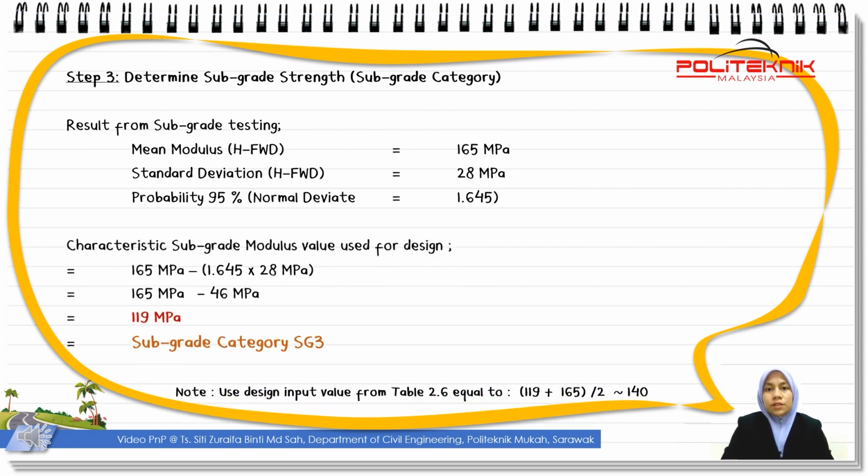When you get the characteristic CBR value used for design, you must refer to table 2.6 and match it with the suitable value from the list of subgrade category.